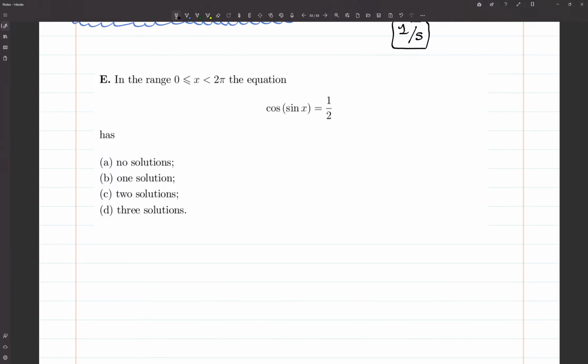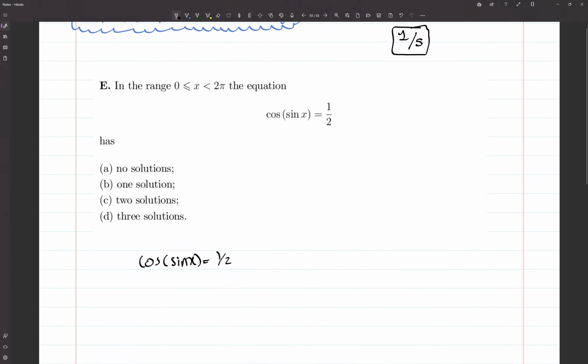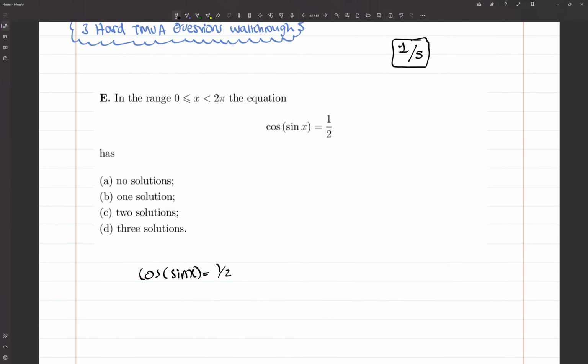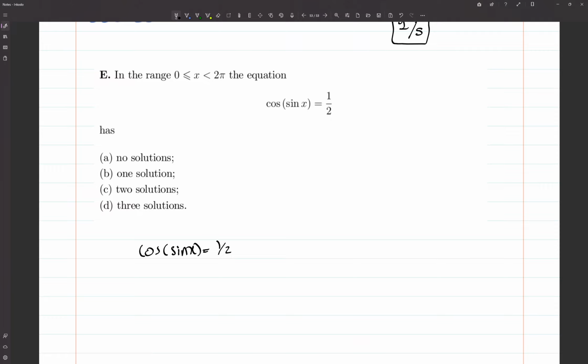Our first instinct whenever we see these questions is, can you graph it? But graphing this will be difficult, so you don't want to graph it. You can actually just take the inverse of both sides.